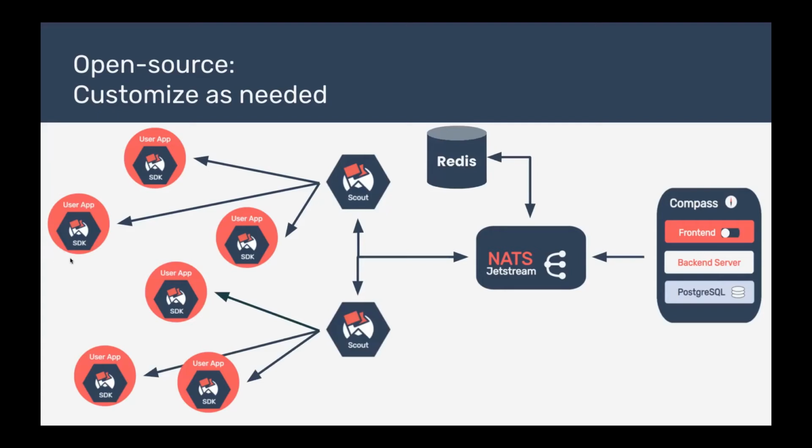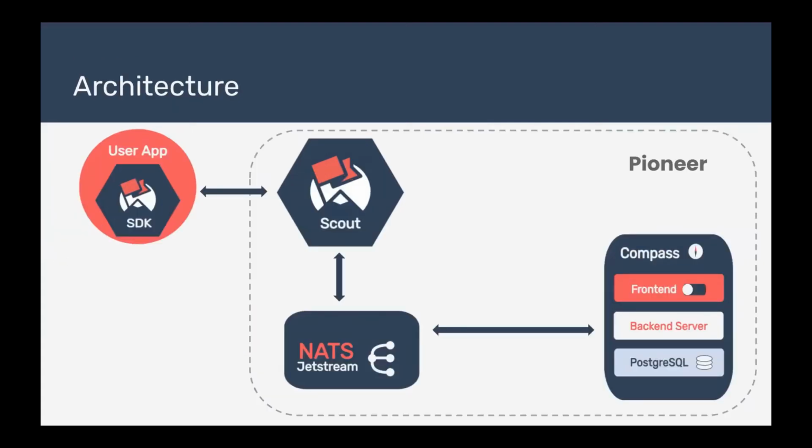We're now going to go over Pioneer's architecture from a high level. Pioneer is composed of multiple components called Compass, NATS JetStream, and Scout. All of these components are run in a Docker network. I'd like to point out here in this diagram that NATS is a third-party tool.